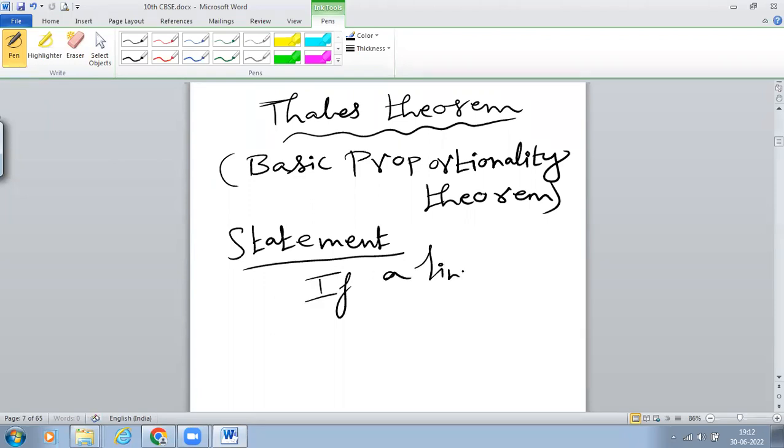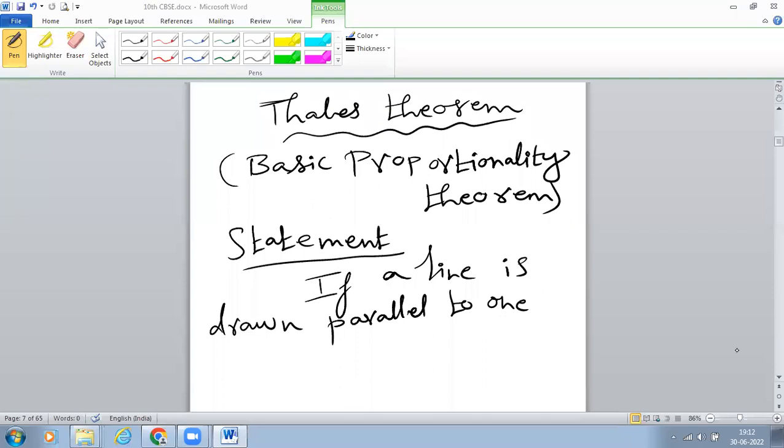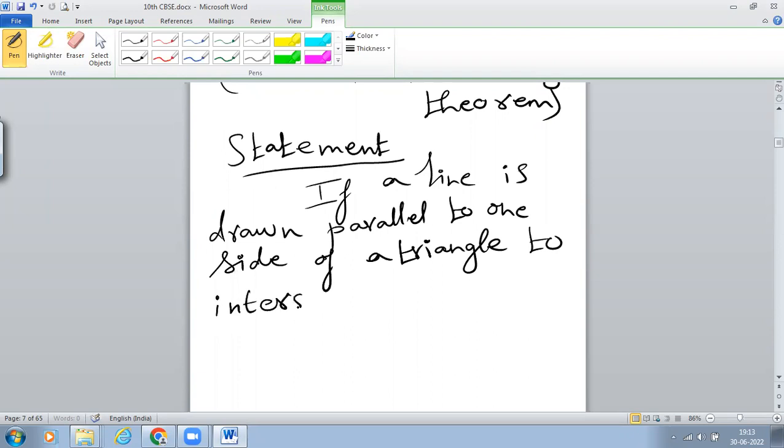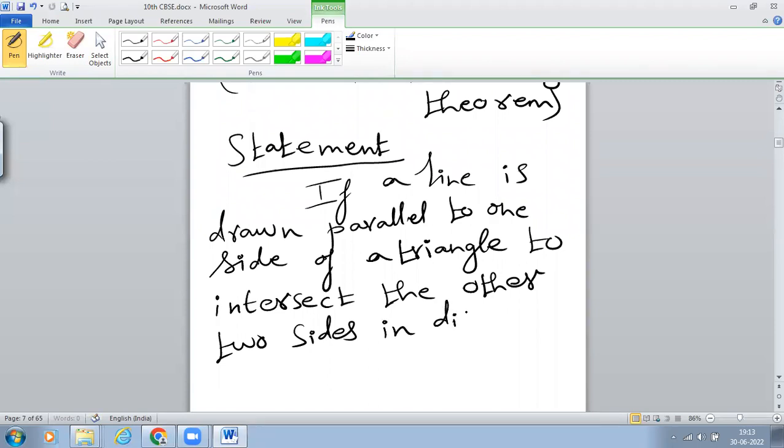If a line is drawn parallel to one side of a triangle to intersect the other two sides in distinct points. It is given in your book.